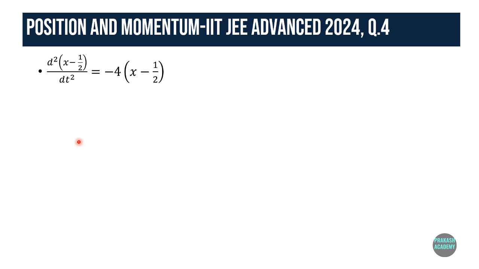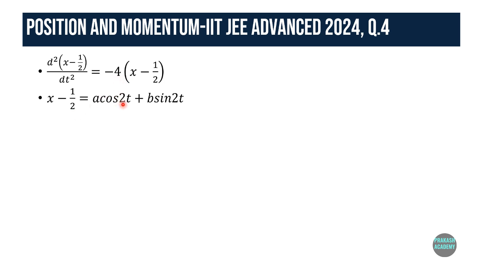The solution of a simple harmonic motion is given by Y equals a sin omega t plus b cos omega t, or a cos omega t plus b sin omega t, where a and b are constants. In this case Y equals x minus 1 by 2, and omega is 2, because omega square is 4.